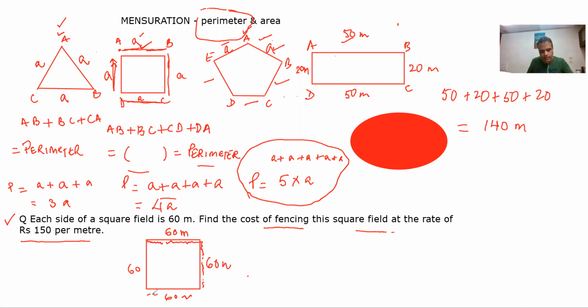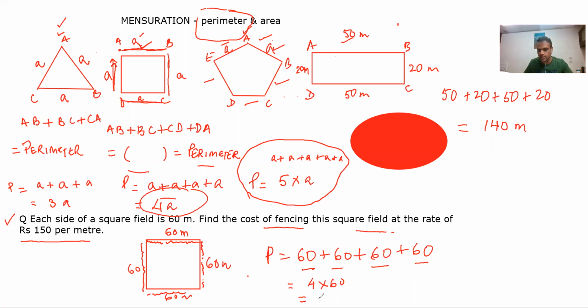That simply means the total fencing will be 60 plus 60 plus 60 plus 60, one side, second side, third side, and fourth side. This can also be written as 4 into 60, isn't it? 4A, remember this. So 4 into 60 is 240 meter.